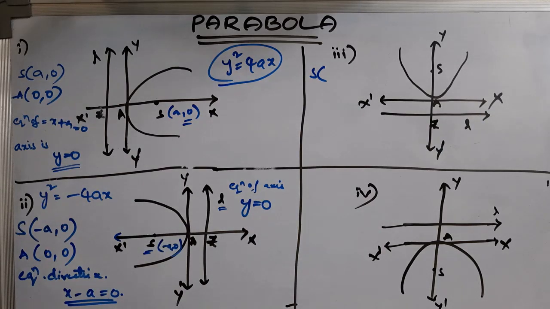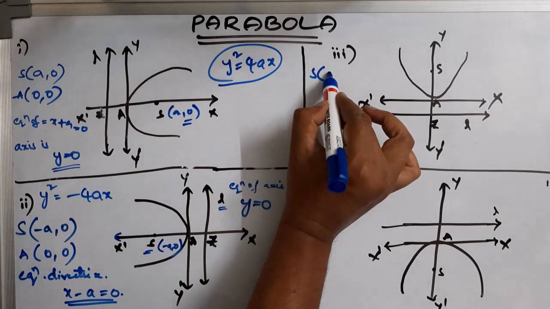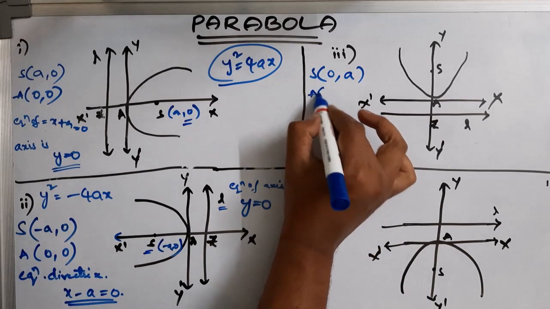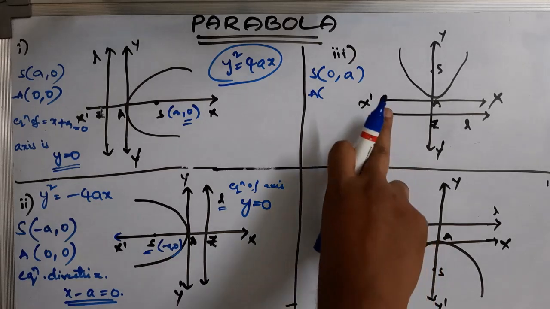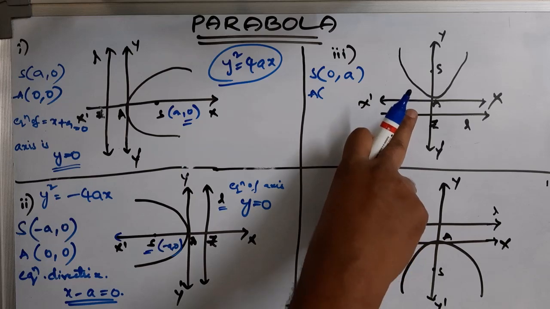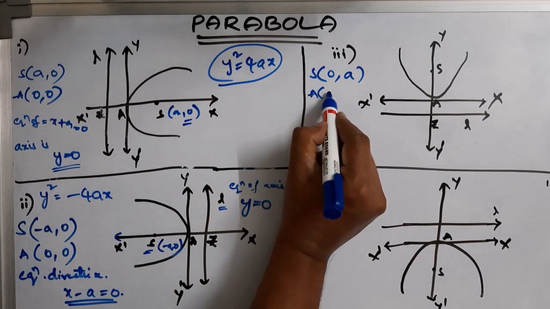Whenever the focus lies on the y-axis, the x coordinate is going to be 0, and the y coordinate is positive, so it is 0 comma a. As well as the vertex can be written as the contacting point of the x-axis and y-axis, so it is going to be the origin. What are the origin coordinates? 0 comma 0.